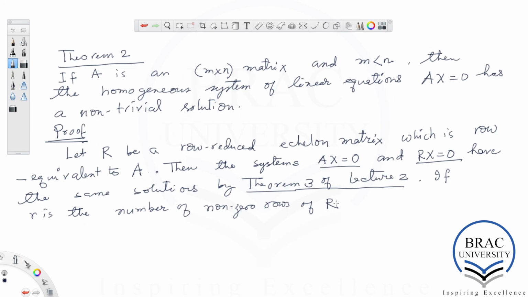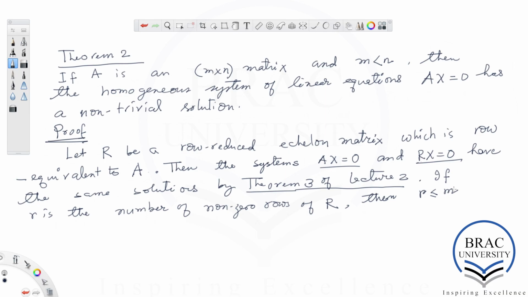We know that the matrix A that we started with had m rows, and we applied the elementary row operations to convert it into a row-reduced echelon matrix R. So r is less than or equal to m, which means that it can have at most m non-zero rows.